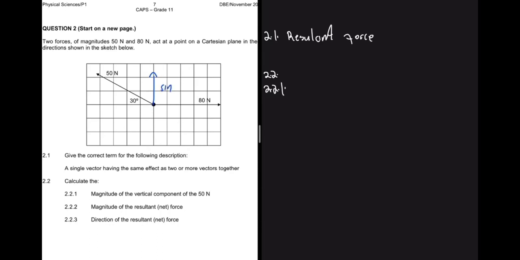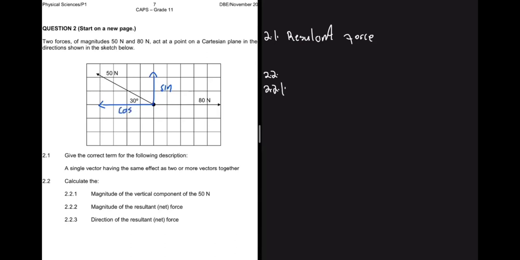And if the question was asking us to calculate the horizontal component, which I'm denoting again by the arrow, we'll take the force and multiply it by cos of the angle.